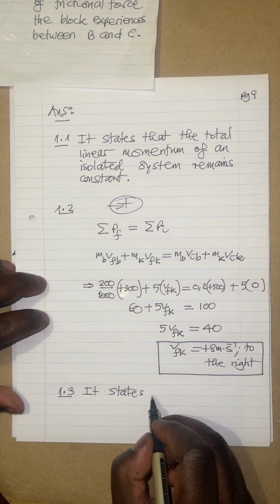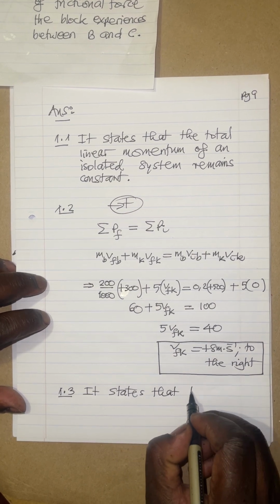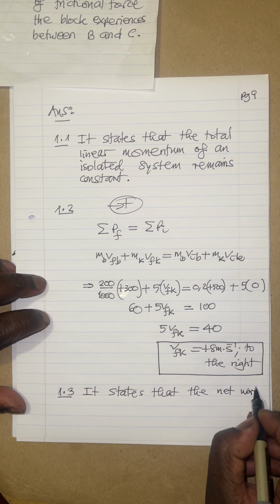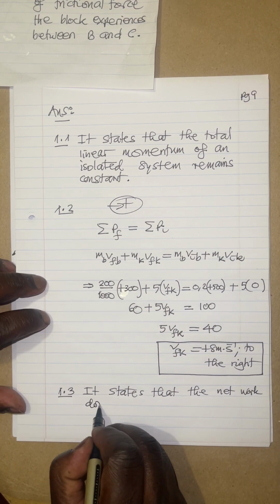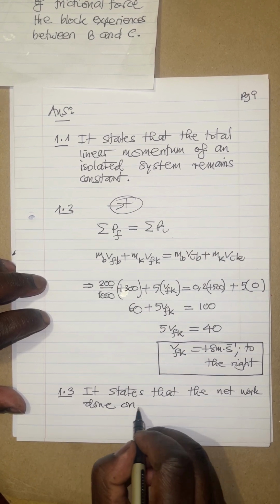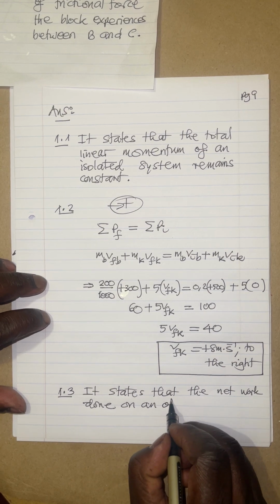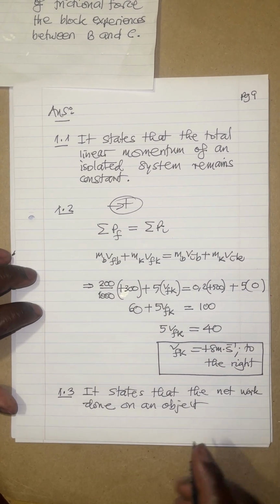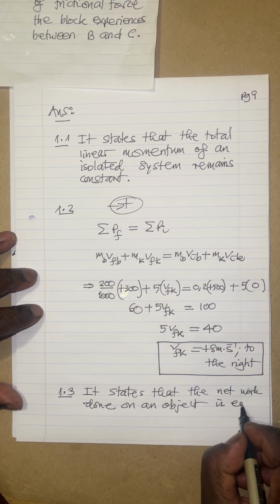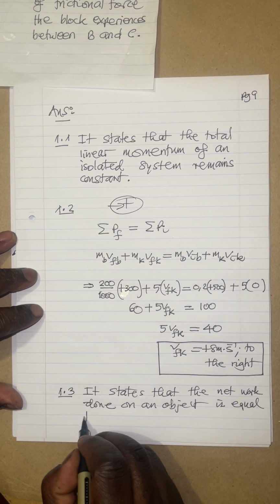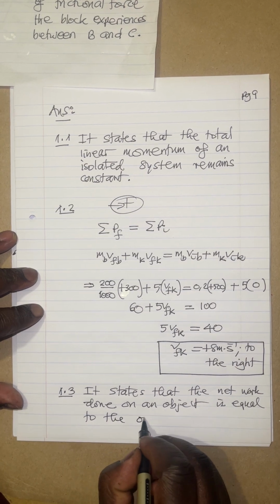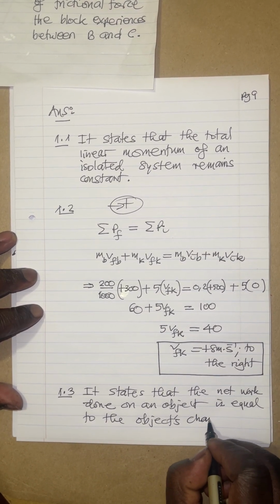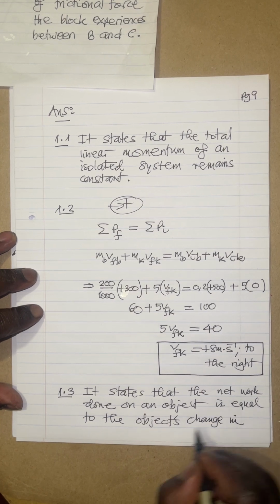the net work done on an object is equal to the object's change in kinetic energy.